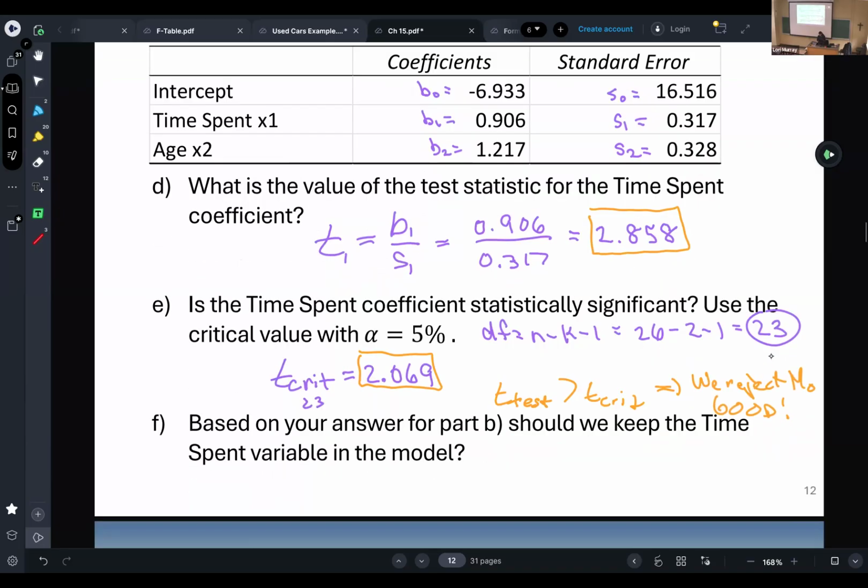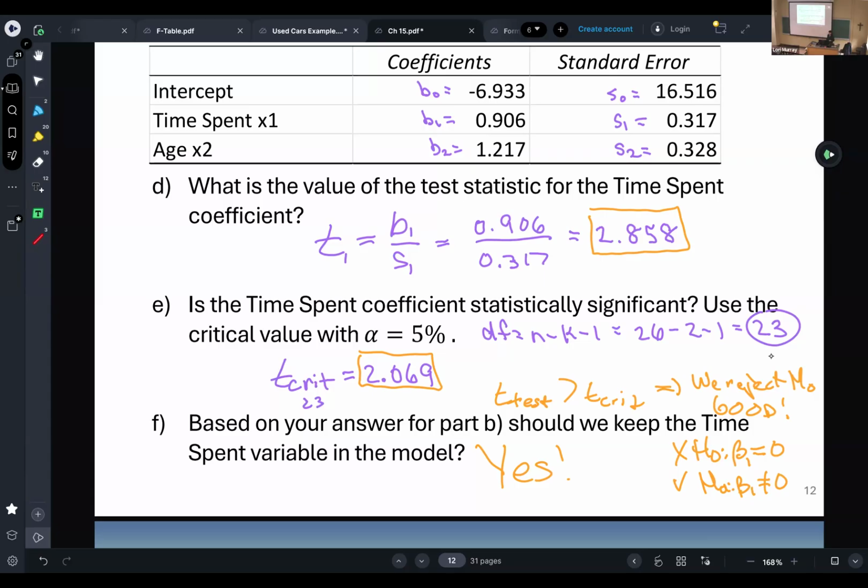Based on your answer for part A, B, should we keep the time spent variable in the model? Yes. We want to keep it, because if you reject the null hypothesis, just remember we rejected that B1 equals 0, and we're accepting that it's not equal to 0.